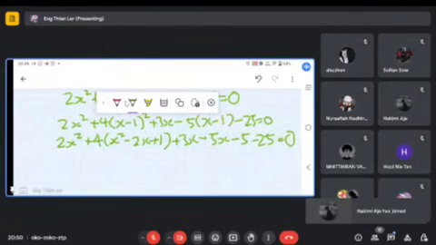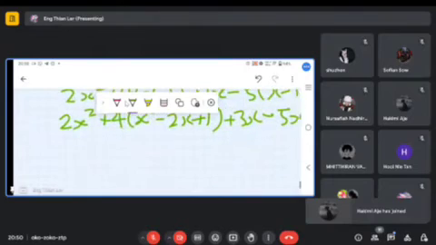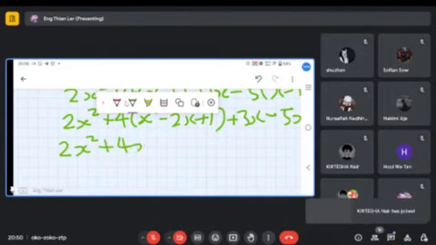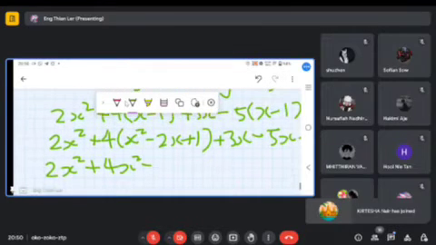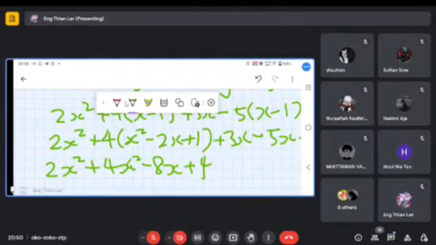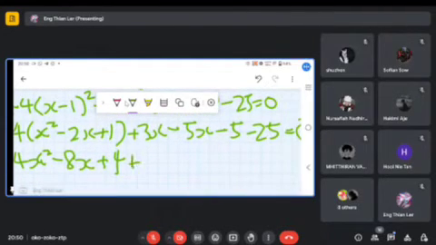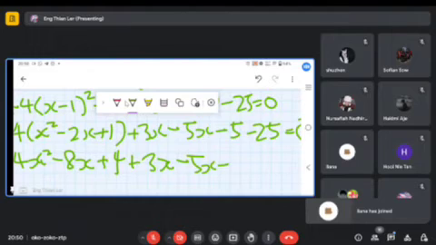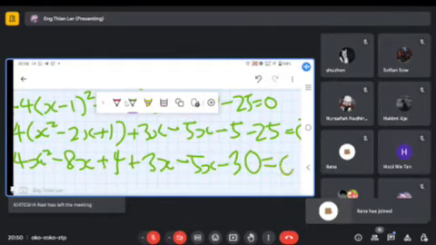Now we open the bracket for the 4: 2x squared plus 4x squared minus 8x plus 4, and 3x minus 5x plus 5 minus 25.